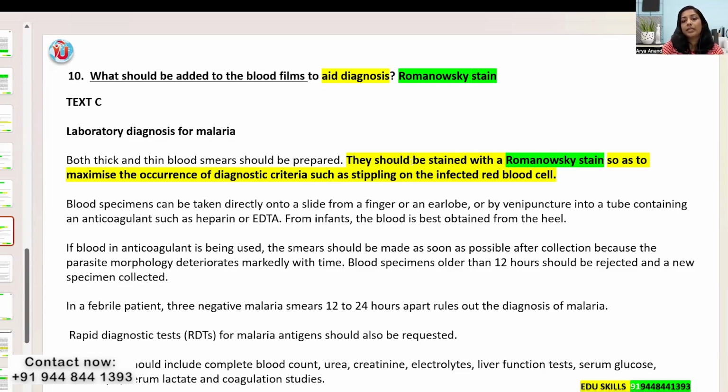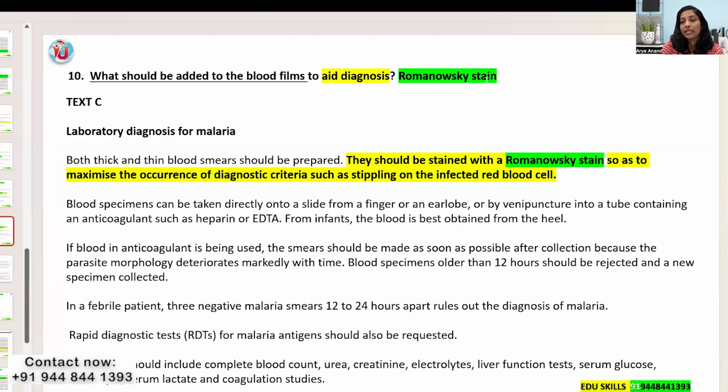Then they should be stained with a Romanowski stain so as to maximize the occurrence of diagnostic criteria such as stippling on the infected red blood cell. Here blood smears and blood films are mentioned; both are the same. So what we need to add is the name of the stain, right? Romanowski stain. So your answer will be right.